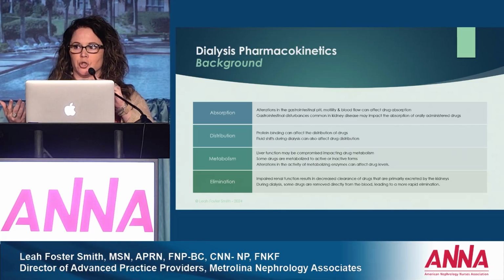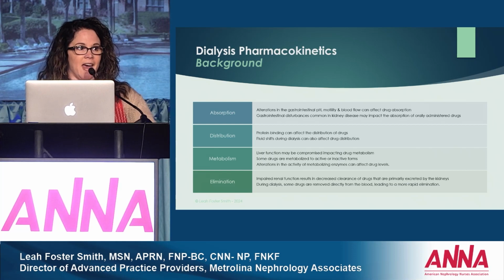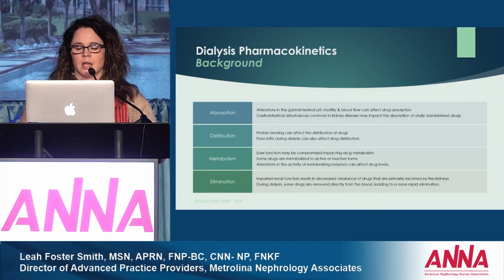When we think about distribution, many of the drugs are affected by protein binding. So our patients in our dialysis unit, if they're still producing urine, most likely have protein loss. So they have some form of proteinuria up to nephrotic syndrome. So you know that distribution can be affected. Now, liver function can also be affected.